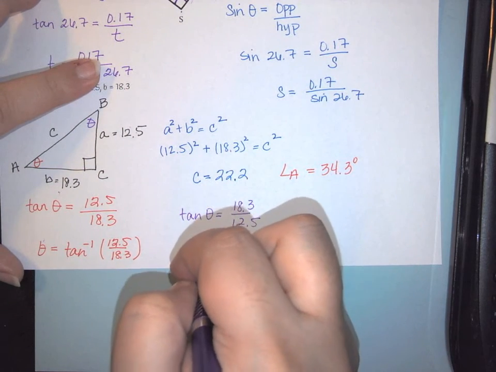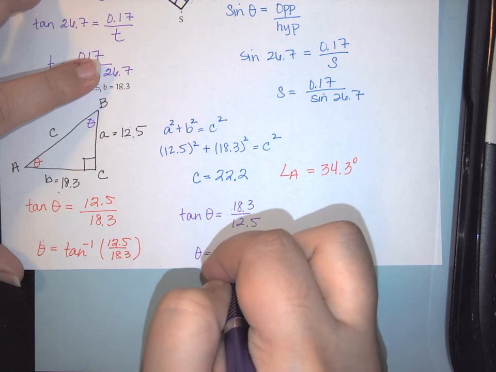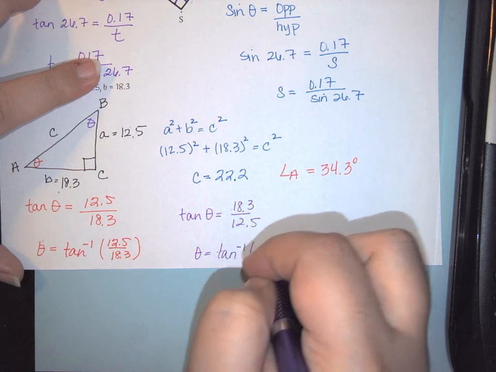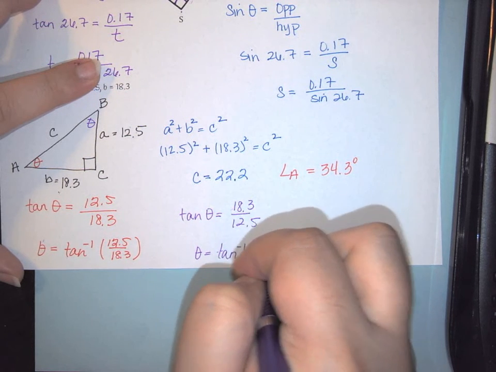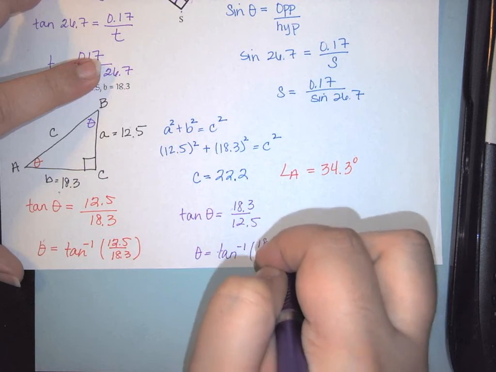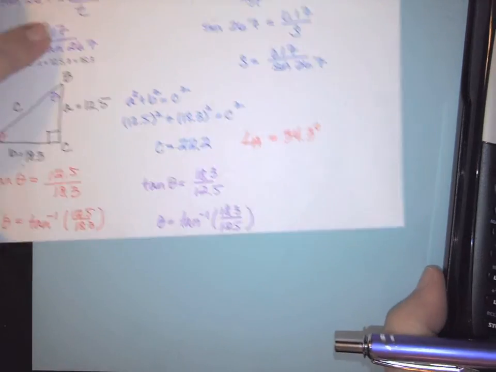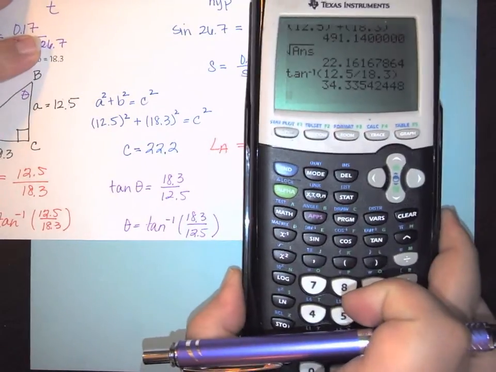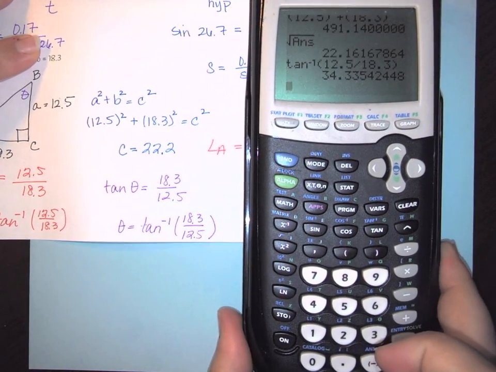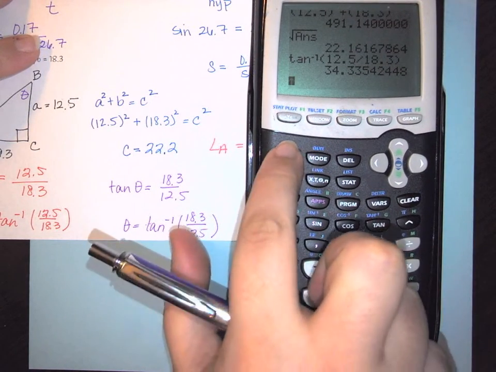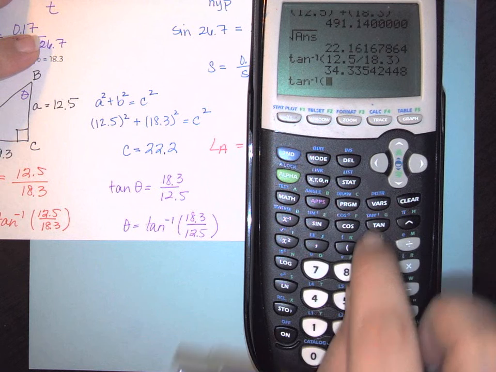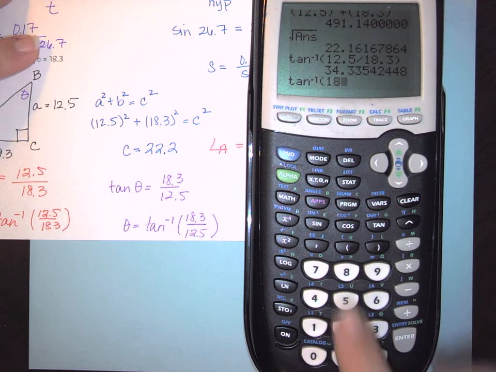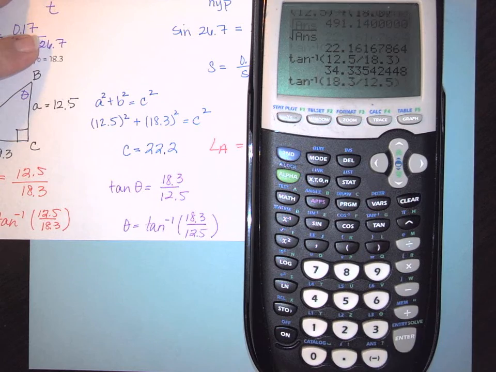Solve for theta, and we get tangent to the negative first of 18.3 over 12.5. So again, we're going to plug this into our calculator using the same method we just did. We go second tangent, and then 18.3 divided by 12.5, close it, and hit enter.